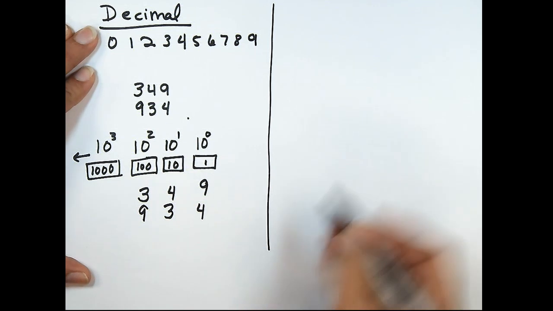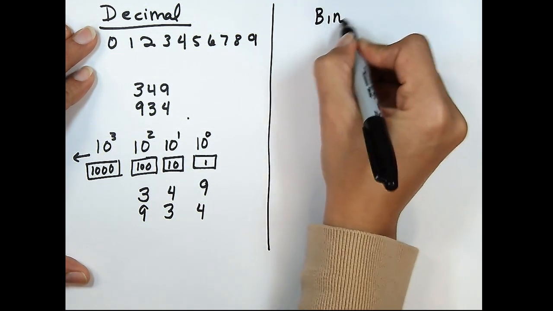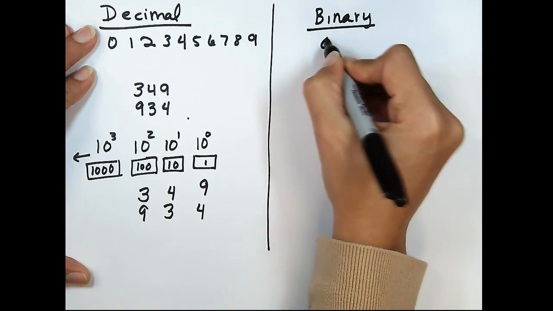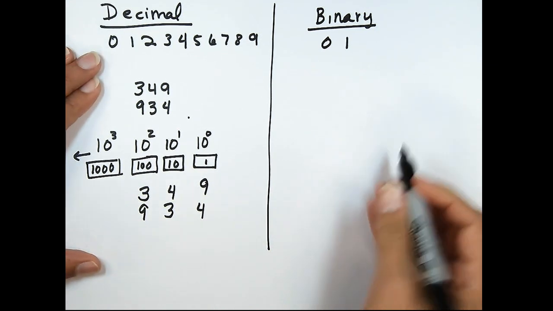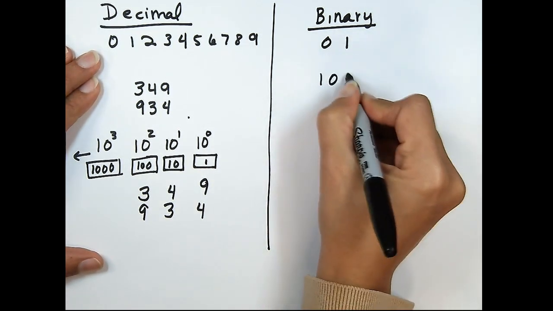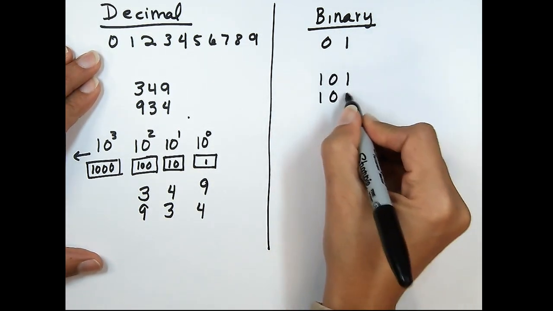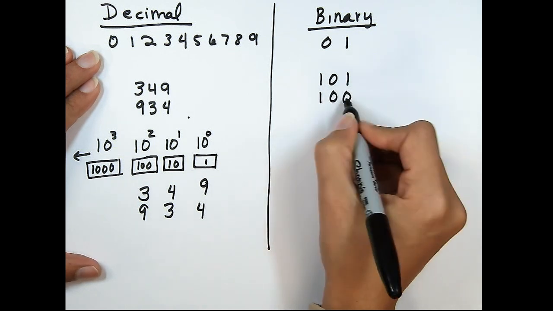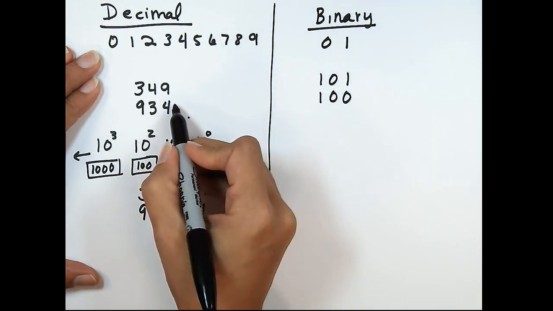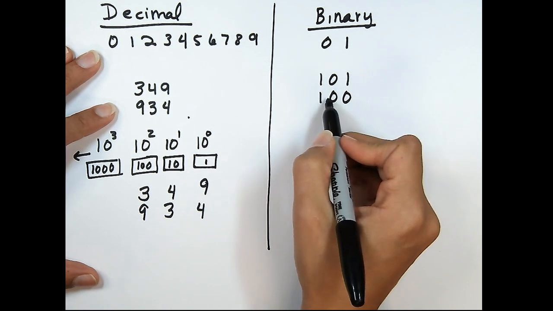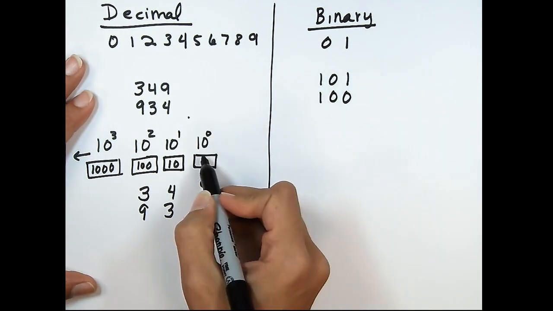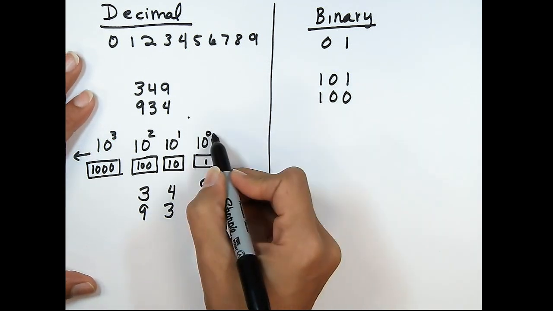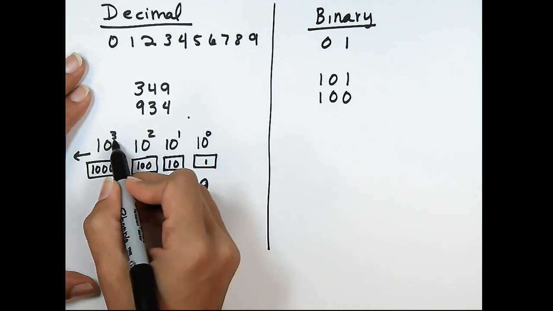Now, let's learn about binary. In binary, we only have 2 characters, 0 and 1. So when we have numbers like 0 1 0 or 1 0 0, we use the same characters again, just like we do in decimal, but the location has a different meaning. In base 10, we have 10 characters to the 0 power, to the 1, to the 2, to the 3.